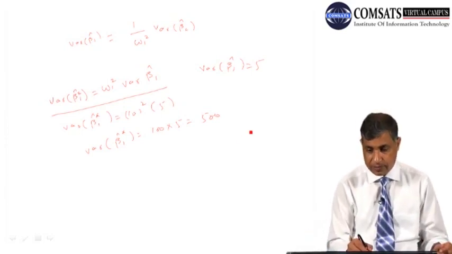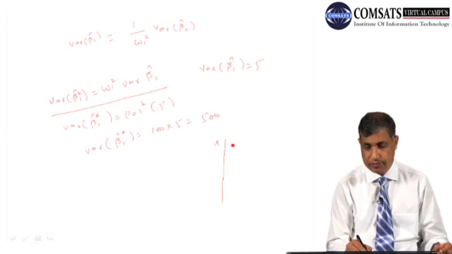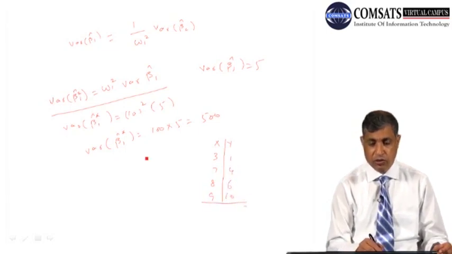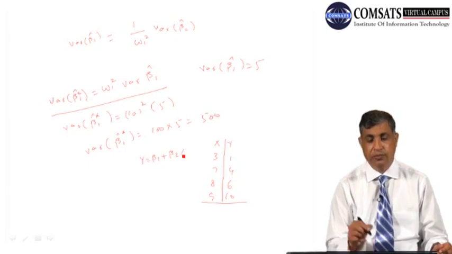So look at this, for example, X, this is the Y. If this is, for example, 3, 7, 8, 9, and it is 1, 4, 6, 10, and you run the regression, you say that Y is equal to beta 1 plus beta 2x.